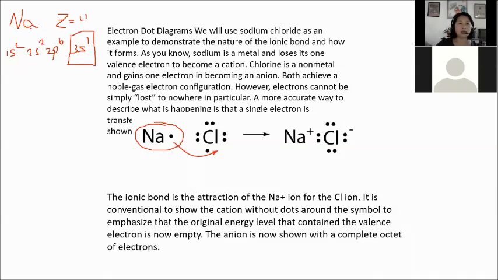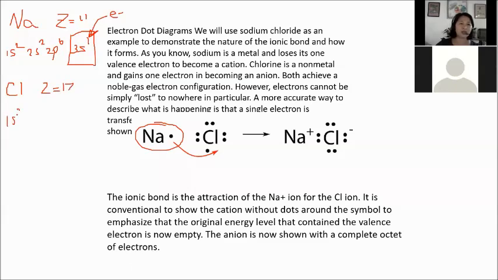So meaning, yung outer level ng sodium, outer energy level ng sodium atom, merong isang electron, 1. Okay, so ilagay natin yan as dot. Isang dot. Now, for chlorine naman, chlorine, merong 7. So, for the configuration of chlorine, the atomic number is, I'm not sure, like 17.